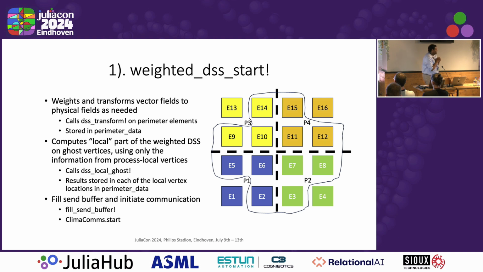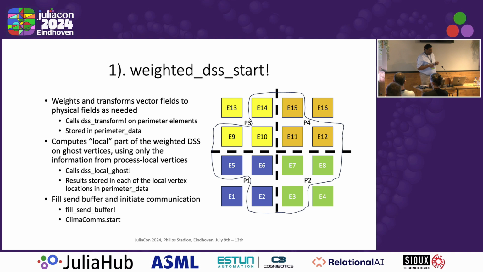So the first piece is the weighted DSS start. This piece weighs and transforms vector fields to physical fields as needed. So this calls the DSS transform on just the perimeter elements first, and the results are stored in perimeter data.